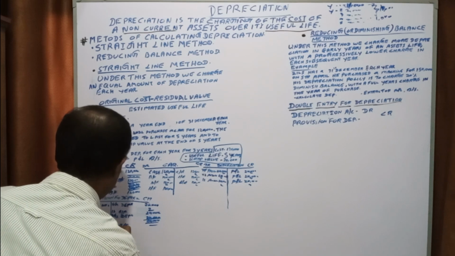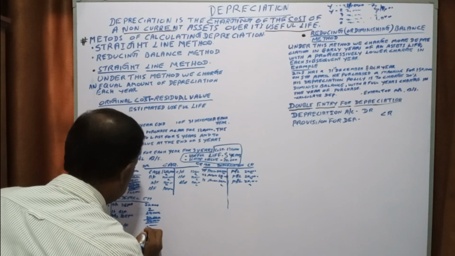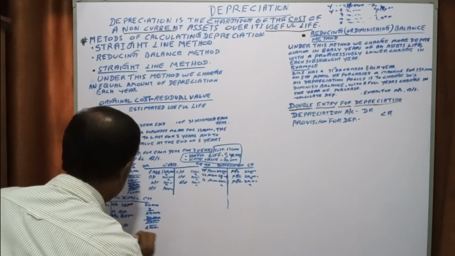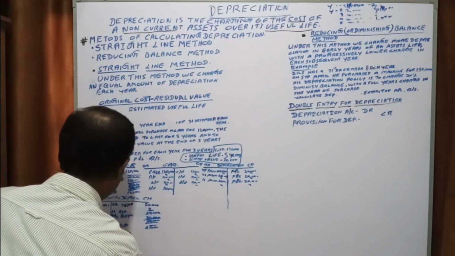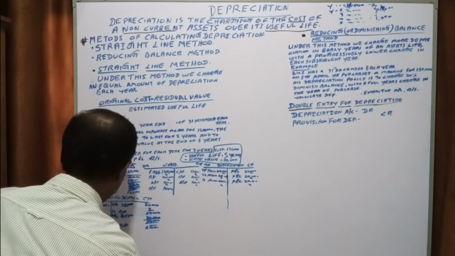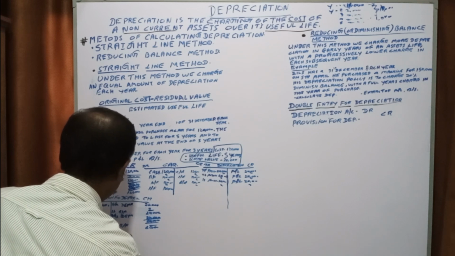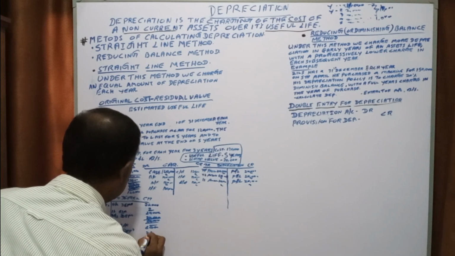The third charge, 31st December depreciation 20,000.